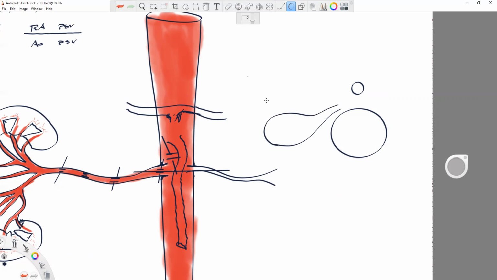So we have IVC, aorta. We have a little bit of the left renal vein, of course, that comes in from that direction. We don't always see all of it, especially when we're at the level of the renal arteries, because the renal arteries and the renal veins are at slightly different levels, within a centimeter, probably half a centimeter of each other, but still, you usually don't see them perfectly at the same place.